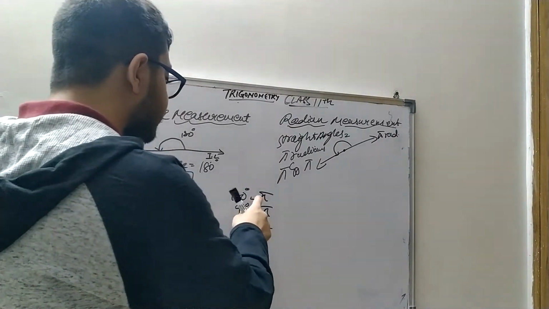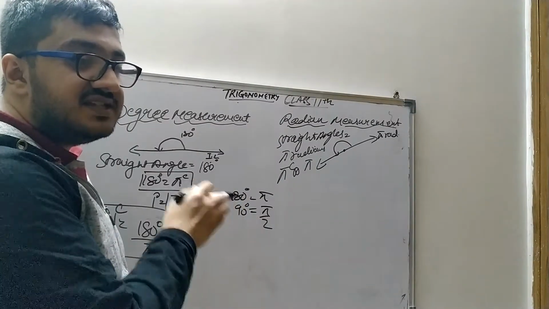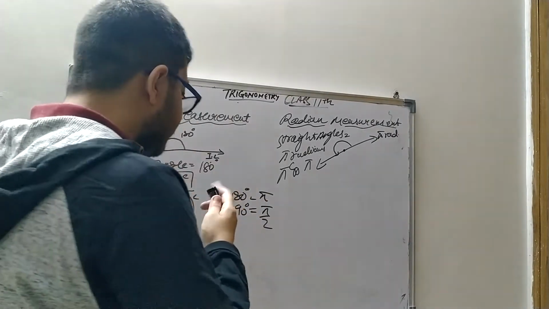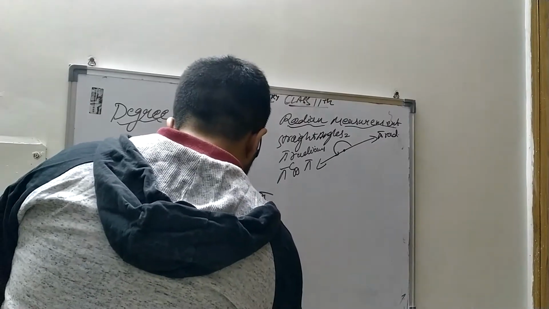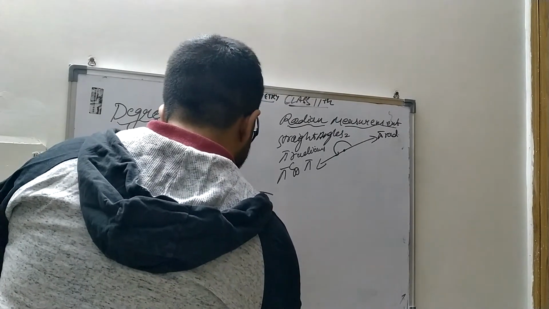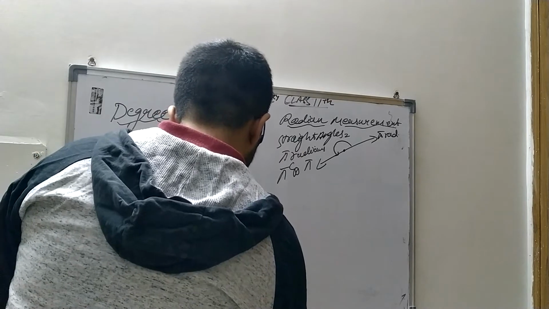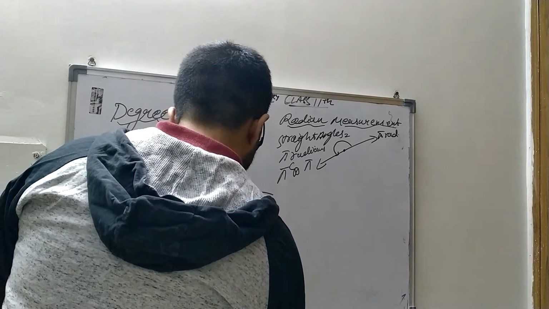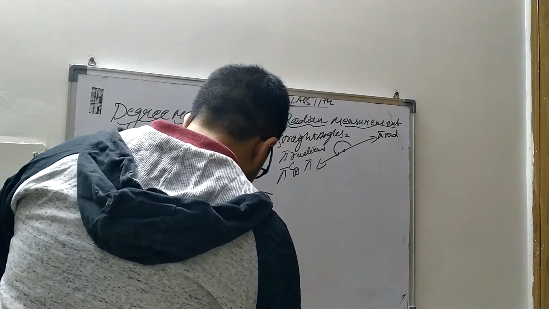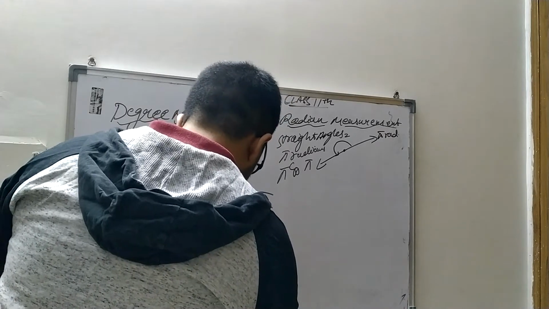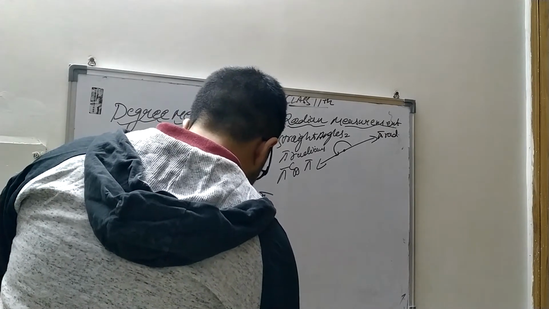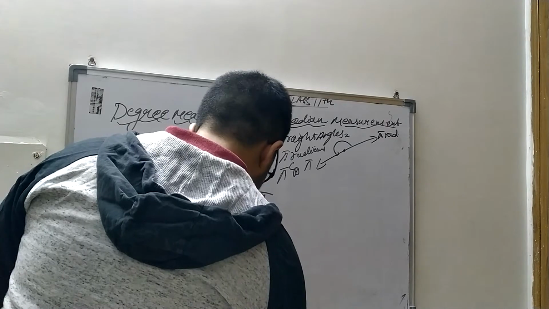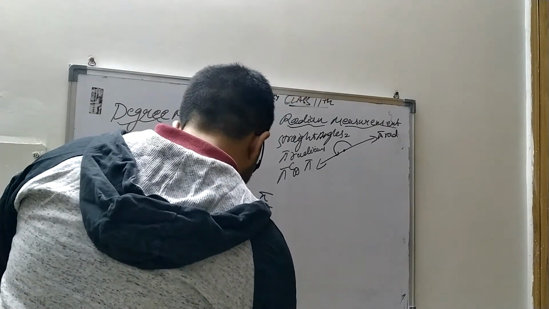Because in trigonometry we study that pi is equal to 180 degrees. Then 60 degrees is pi by 3, 45 is pi by 4, 30 is pi by 6, and 0 degrees is equal to 0.